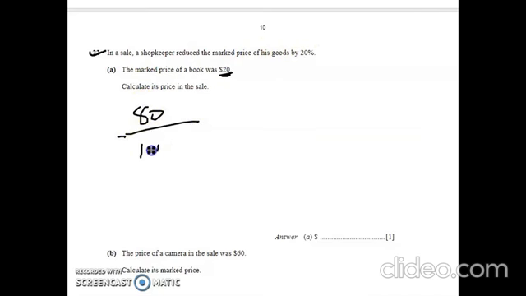So let's take out 80% of the mark price. So if you see, I'm taking a different approach in multiple questions of the same type so that whatever approach fits you. So 80% of 80 will be 64. You could have done this with the ratio method as well, the unitary method.